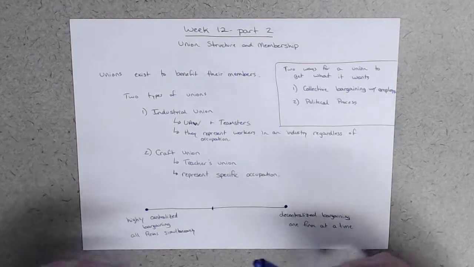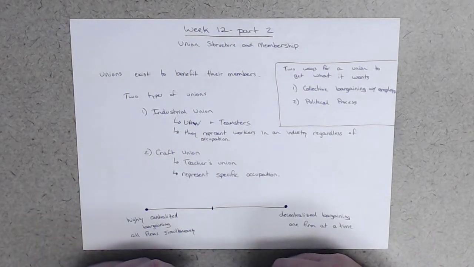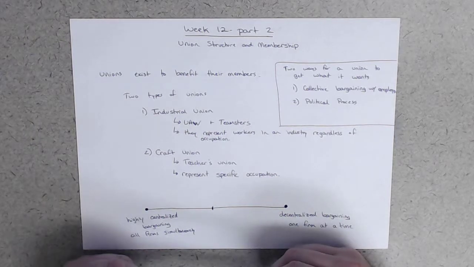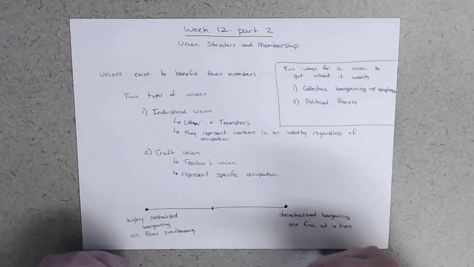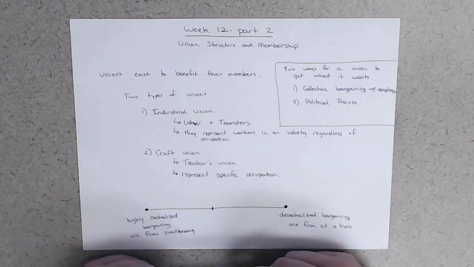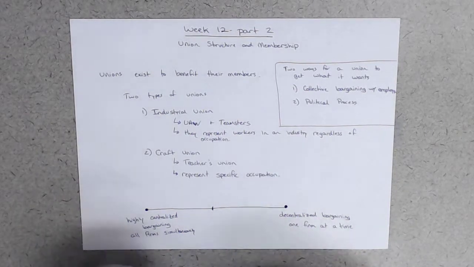So even though fewer people are members of a union, the number of people whose contracts are decided by a union is still roughly the same, okay? And there are reasons for that, and we're going to discuss some of them today, all right? But let's go over the legal structure of unions in the U.S., right?